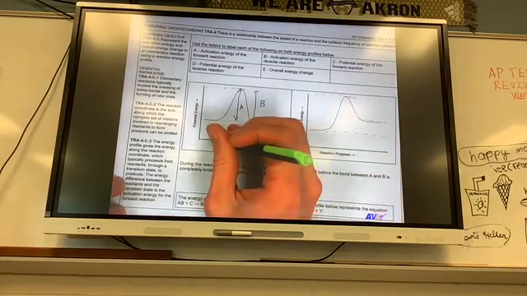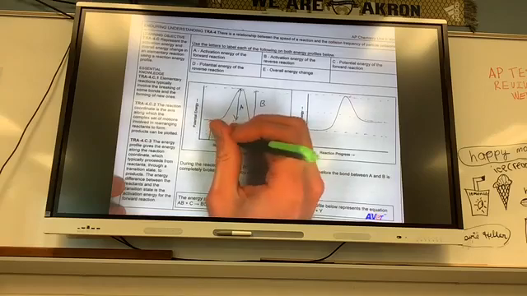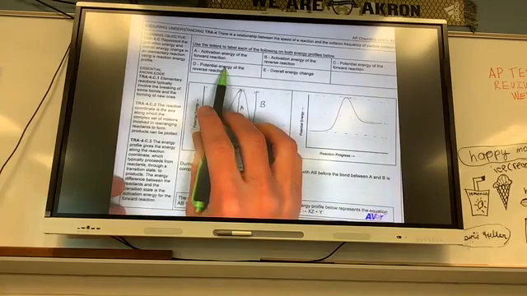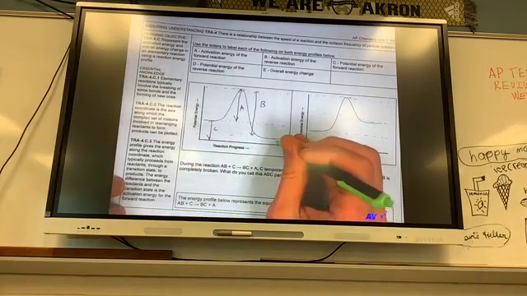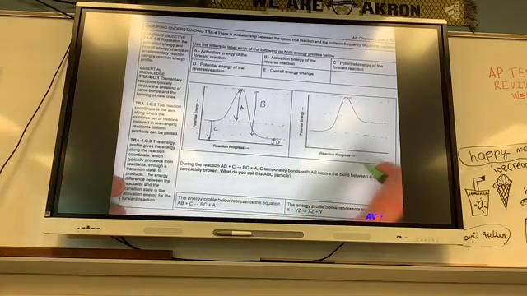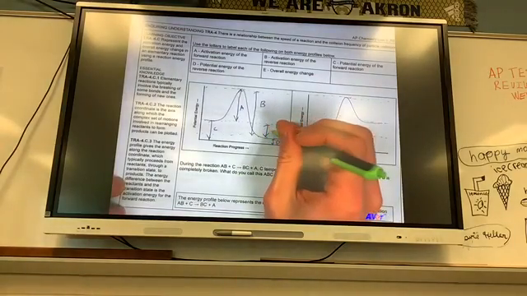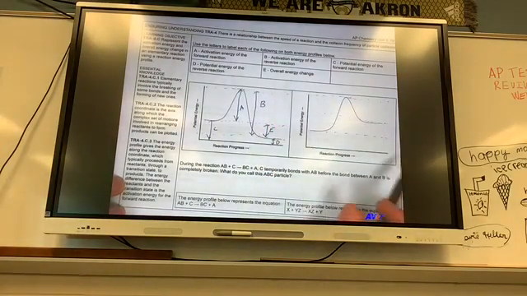Potential is going to be from the bottom to the reactants. D, potential energy of the reverse reaction. That's just going to be the products to the reactants. And then E, overall energy change, is your delta H. That's from reactants to products. That is your E.